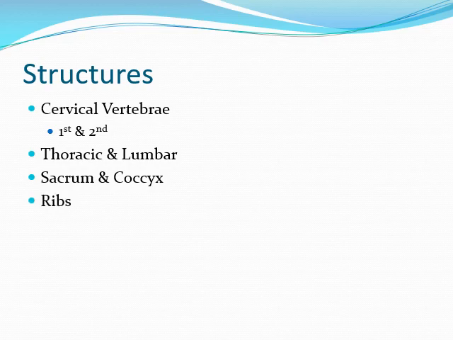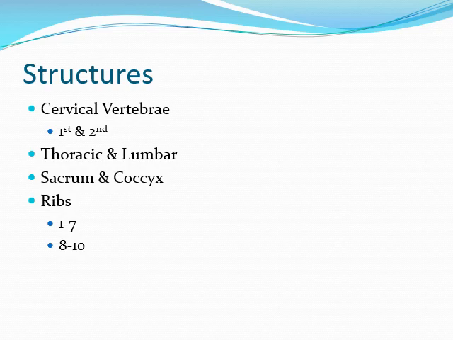And then when we look at the ribs, just a note about the ribs. Ribs 1 through 7 have a direct attachment to the sternum. Those are what we call the true ribs, as they go directly to the sternum. Ribs 8 through 10 have an indirect attachment through the costochondral arch.